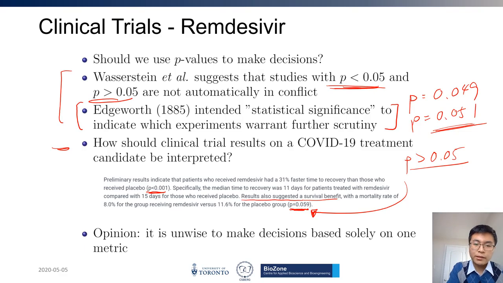And so, in this paper, they also outline 43 other papers that propose alternative solutions that can essentially be an alternative to just using p-values. And my personal opinion is that it is just unwise to make decisions based on one or two metrics alone. And you should really use an ensemble of metrics to come to a final conclusion.